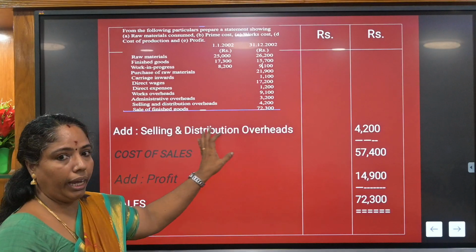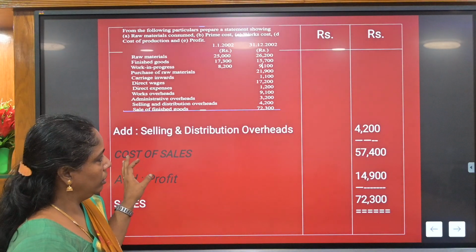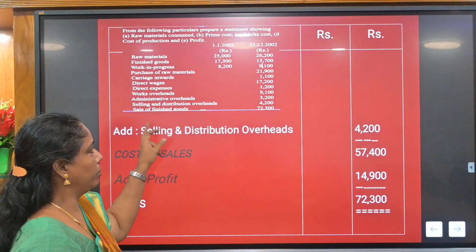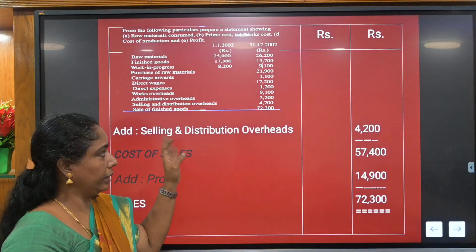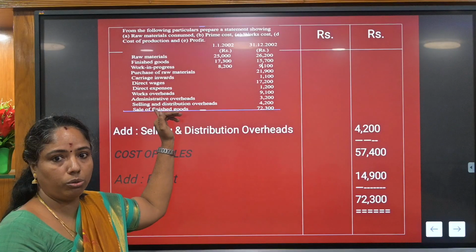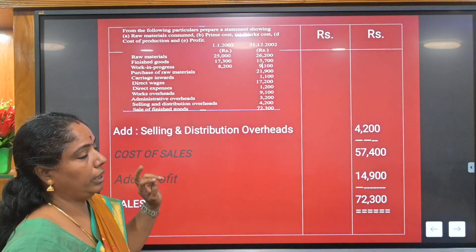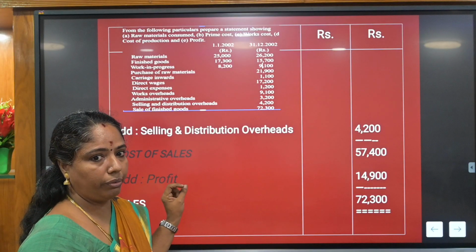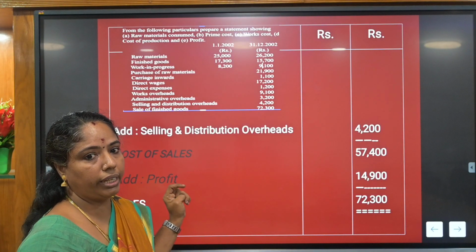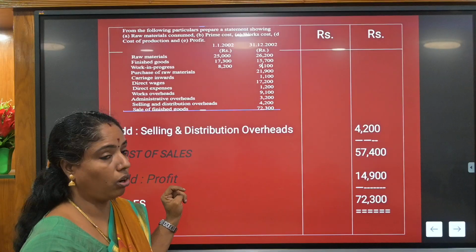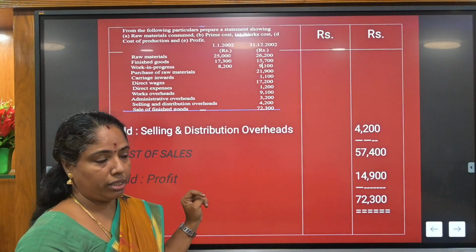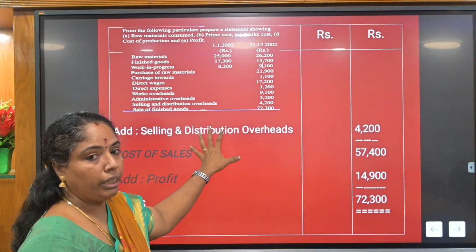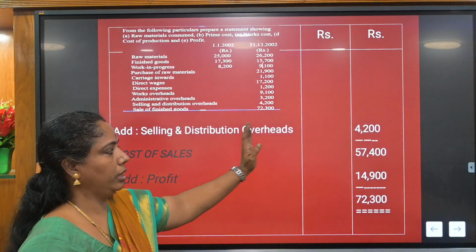Add selling and distribution overhead. Same thing, no other information about selling and distribution. Directly they have given selling and distribution overheads. If they give any travel expenses, advertisement expenses, selling expenses, distribution expenses, or delivery van expenses, that should be calculated under this heading in the inner column.